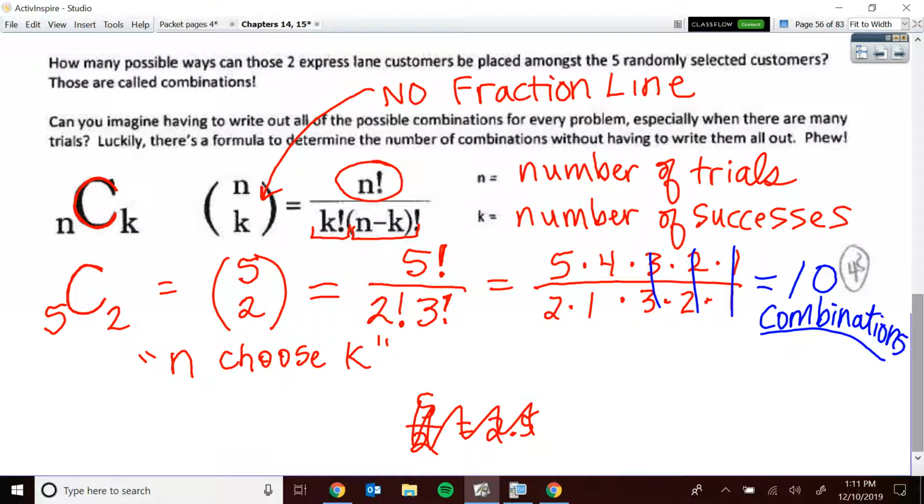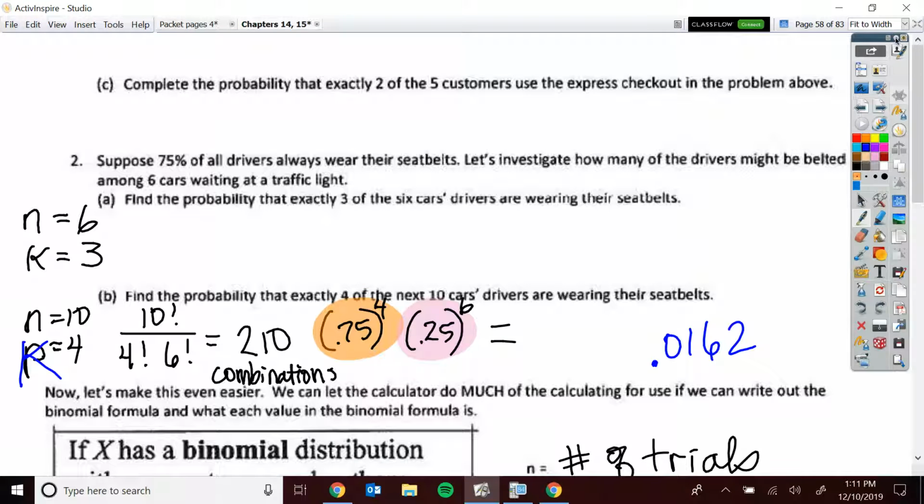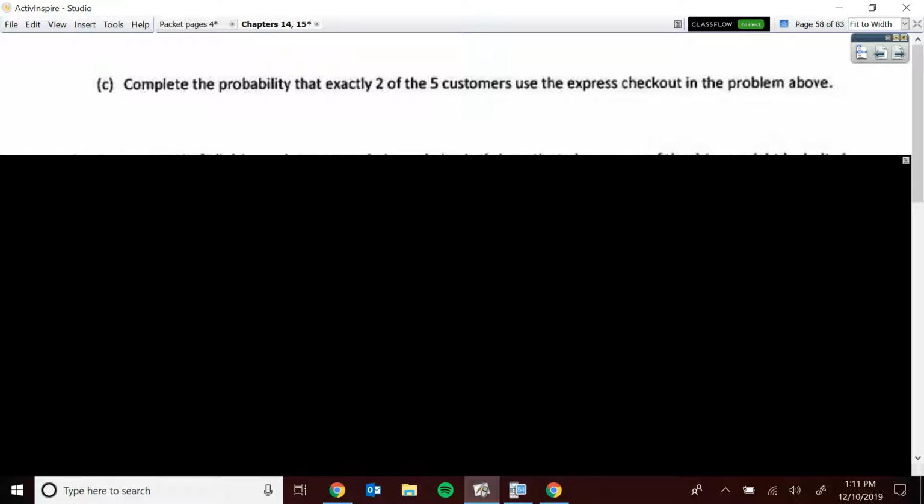Yay. So let's go to the top of the next page and just finish that out. Complete that probability. We had 10 combinations. Then we multiplied it by the successes: how many were in the express line? 0.25 is the probability, and there are 2 of them.